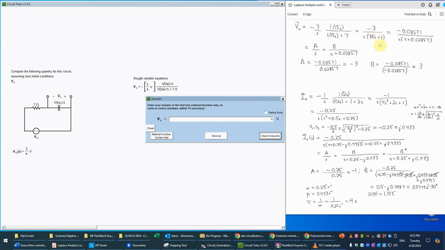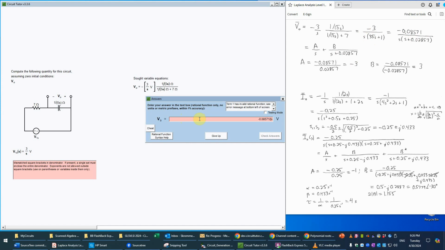And then to facilitate putting that into partial fractions, we can also write it in this form. But for right now, I could just enter it this way. Well, actually, it would probably be a good idea to enter it this way because that'll prepare us better. It doesn't really matter, but I can do it either way. So I'm going to enter that as negative 0.08571 divided by, now I need to use square brackets to enclose the multiple terms in the denominator.